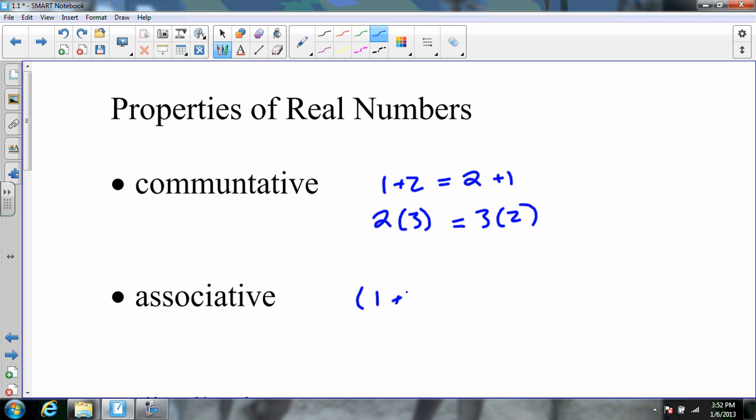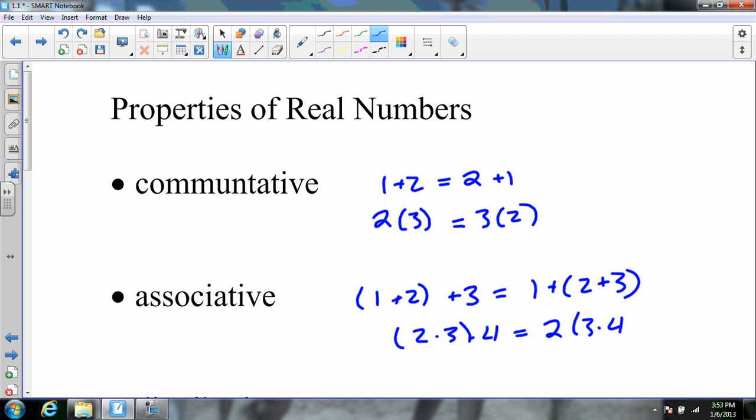So (1 plus 2) plus 3 is the same as 1 plus (2 plus 3). For multiplication, (2 times 3) times 4 is the same as 2 times (3 times 4).